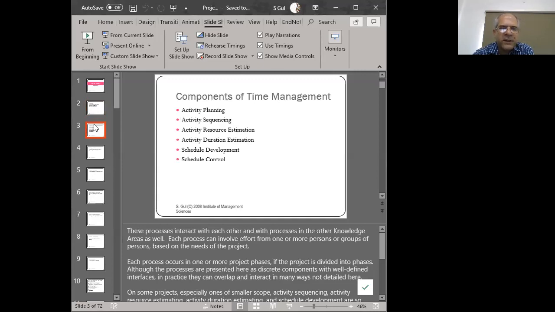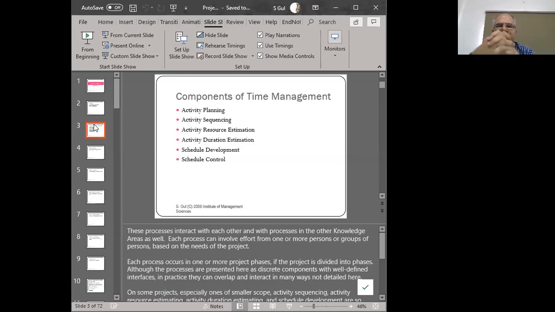Now, there are different components of time management. These include activity planning, which is basically this idea of thinking about each individual activity by itself, and then determining how long that activity is going to take and how many resources, etc., we're going to have on it.